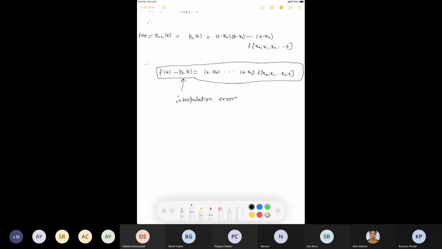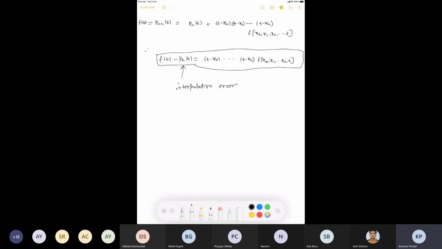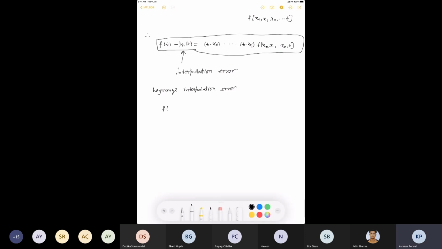All right, and what is the interpolation error formula we obtained using the Lagrange interpolating polynomial? Can you tell me? We had f(t) minus p_n(t).